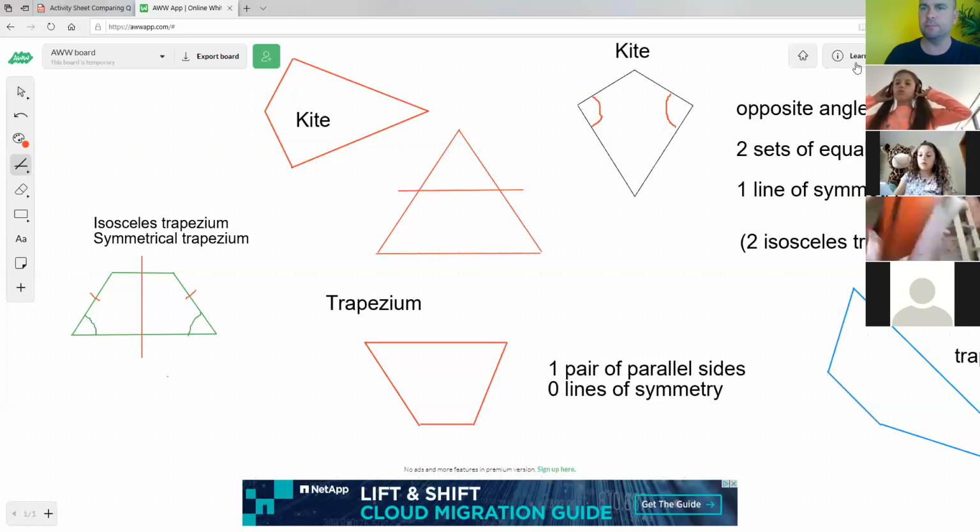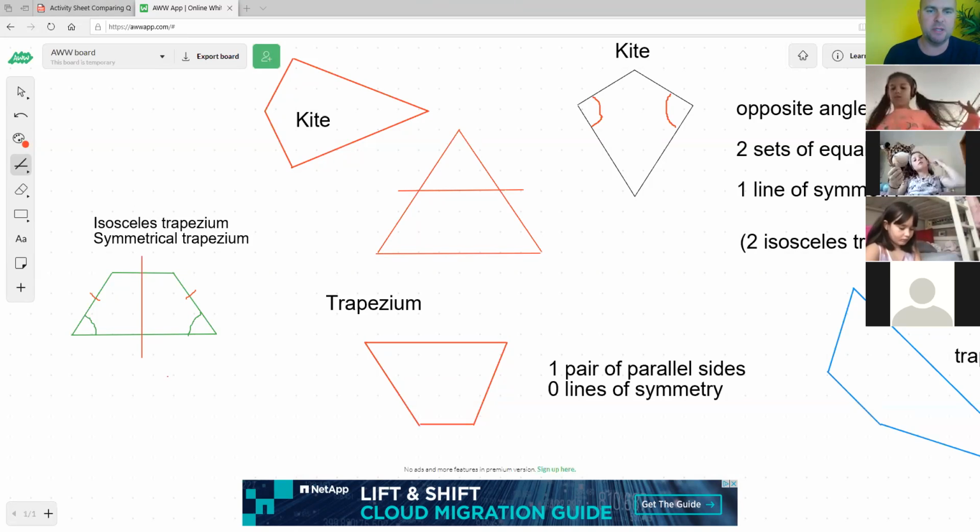So you got that down? Yeah, everyone's got those down. So you've got kites, trapeziums, and isosceles trapeziums. Yes, we've got that, Lua? Fantastic. Aurora? Yeah. Good. Arthur?